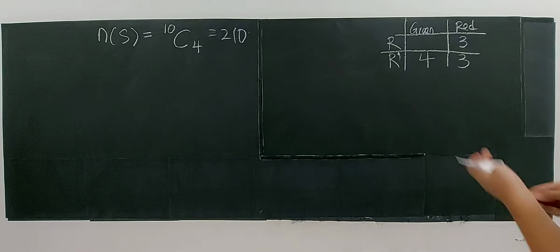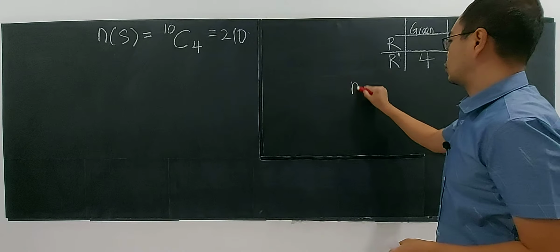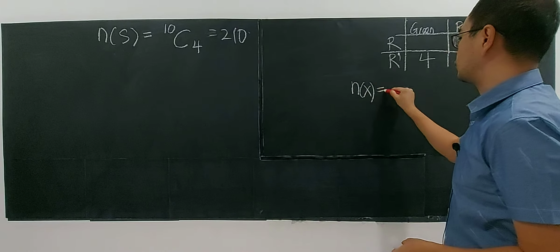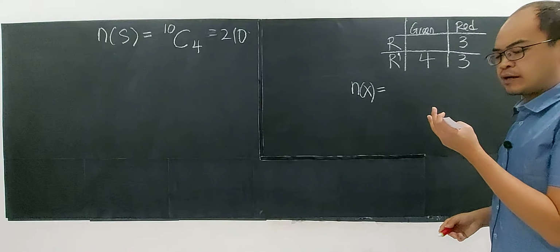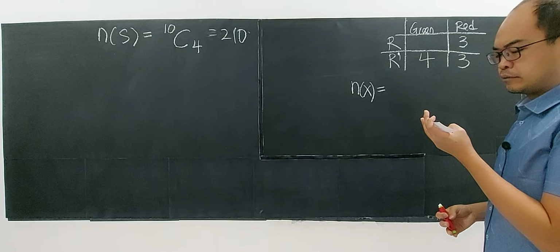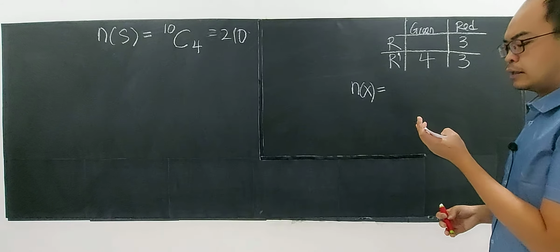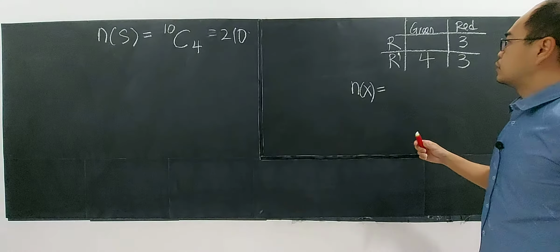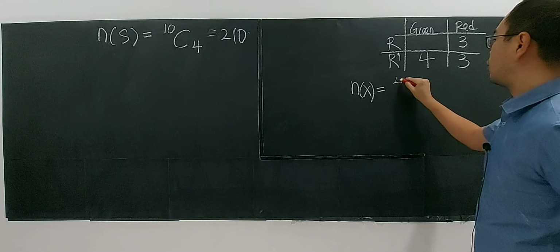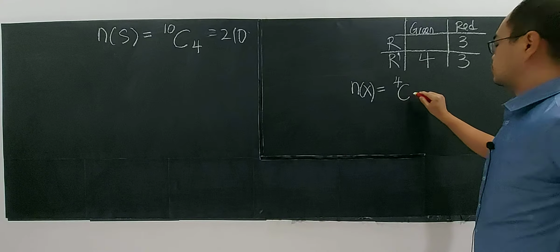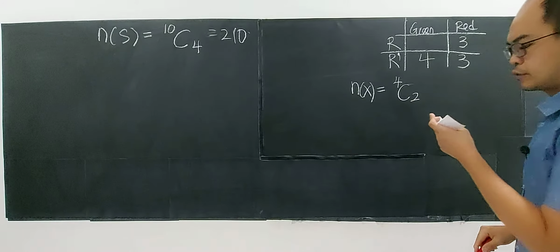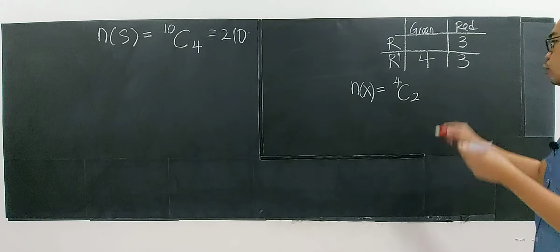So they are already defined for you, very easy. N(X) is the event where of the 4 apples chosen, 2 are green and 2 are red. How many green? 4 green, choosing 2 green.